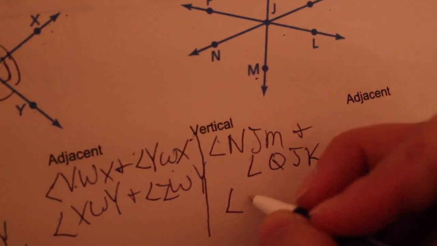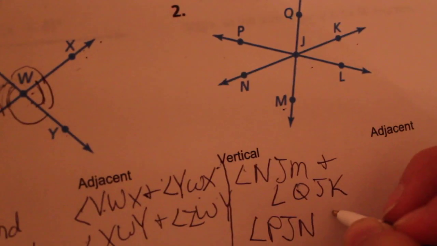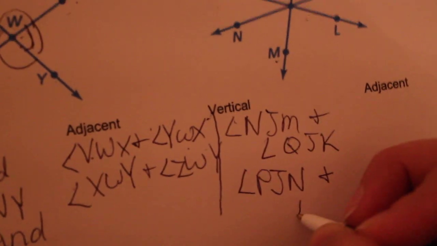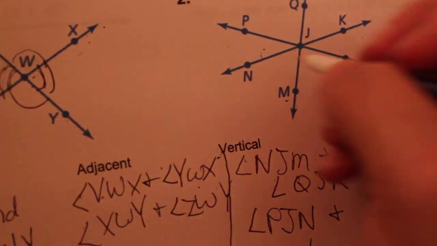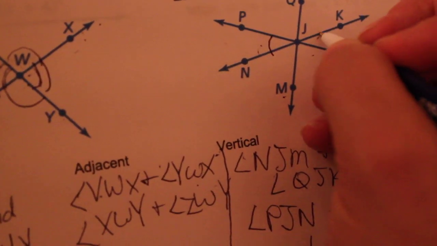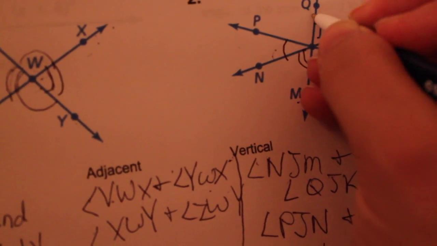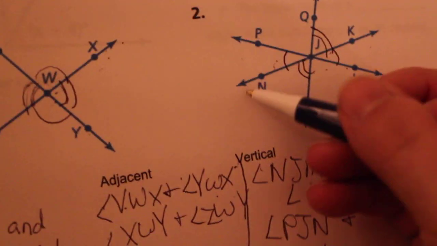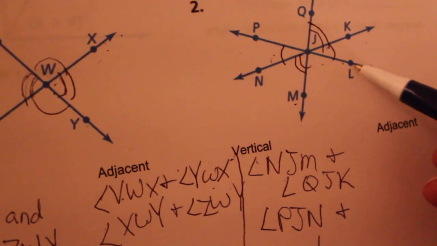Remember that angle sign, angle PJN, and the angle straight across from there. This one with this one. This one measures the same as this one. So if we have PJN, we should also have KJL.